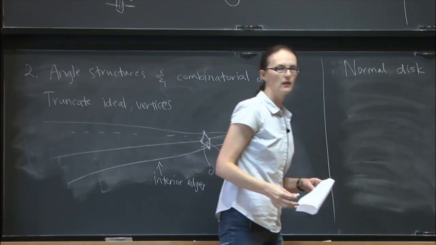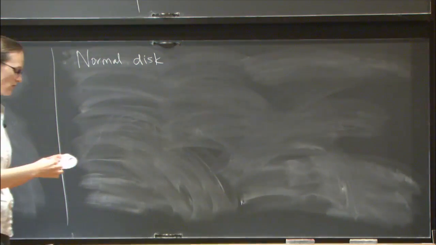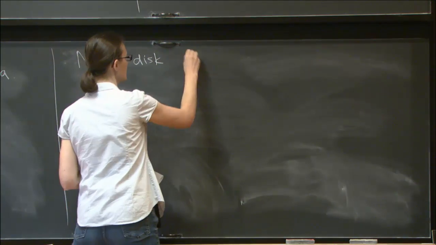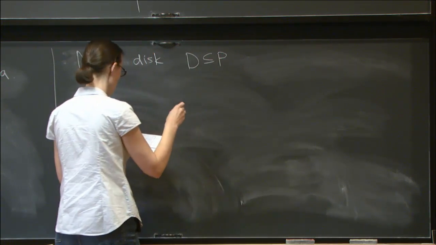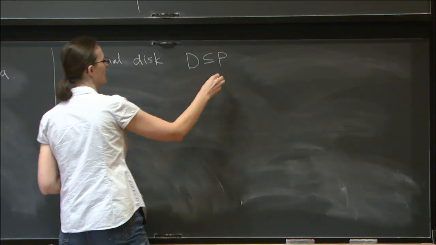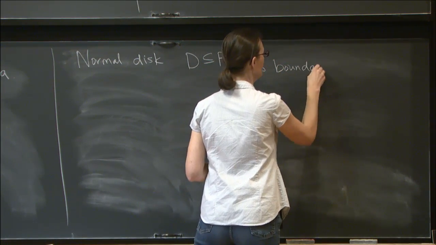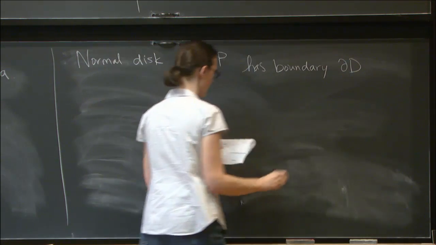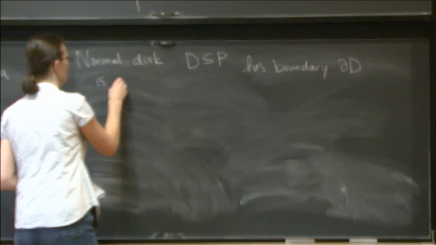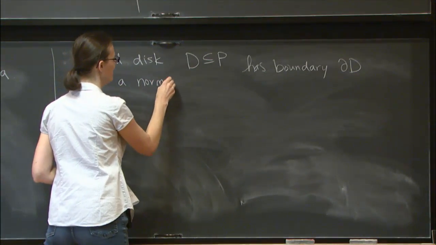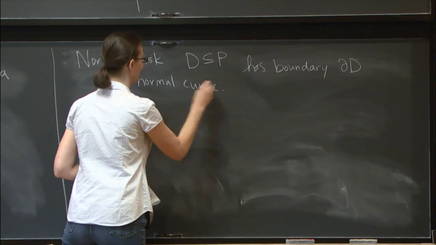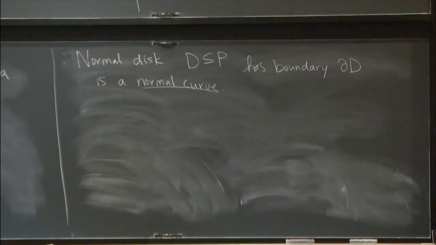Okay, so now we're going to talk about a normal disk sitting inside of the polyhedron. A normal disk D inside of the polyhedron is defined to be a disk whose boundary is a normal curve, which is kind of a useless definition.